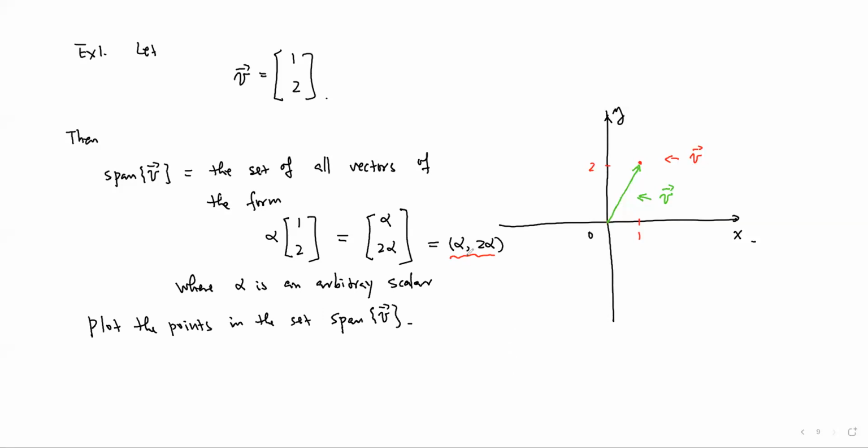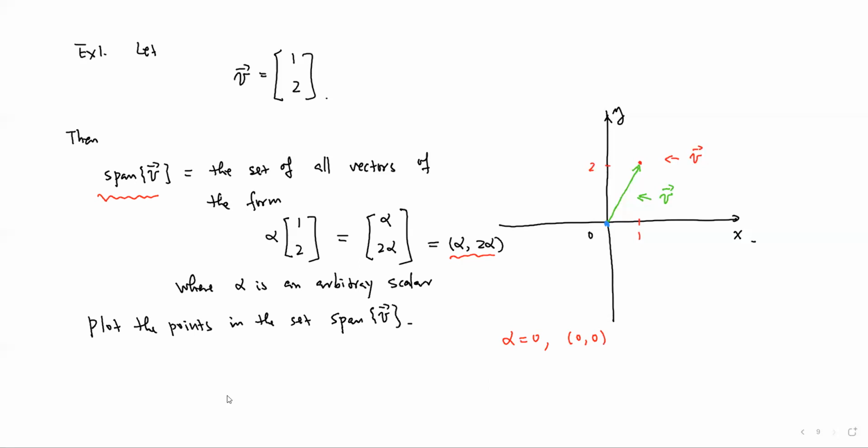When alpha is 0, then we get (0, 0). This point is in the span. Let me mark down the point in blue. How about alpha is 1? Then (1, 2 times 1). This point is in the span.